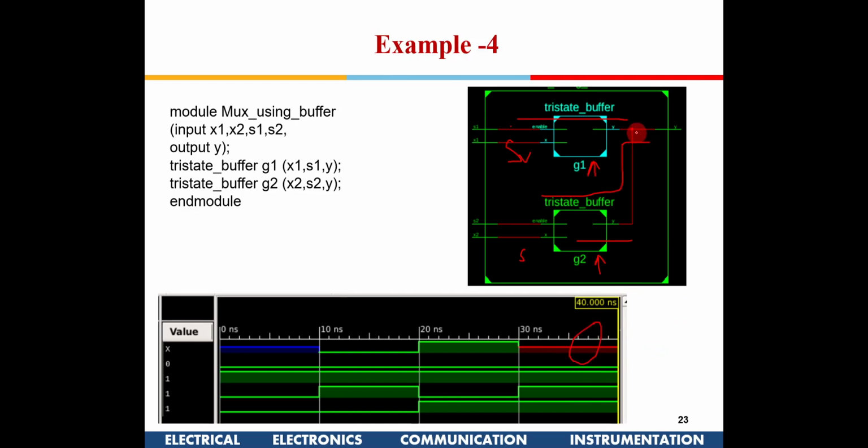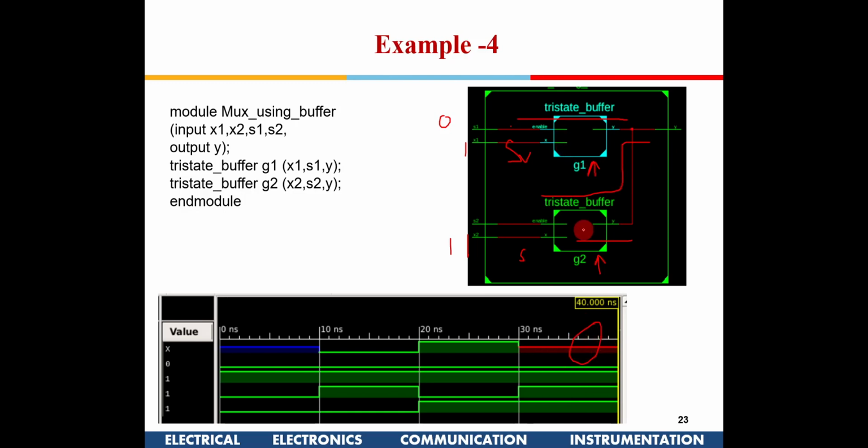Here, both the control signals are high, whereas the input signal here is 0 and here it is 1. So I have a 0 coming from one path and a 1 coming from the other, so there will be a clash. The simulator will say there is an issue here.